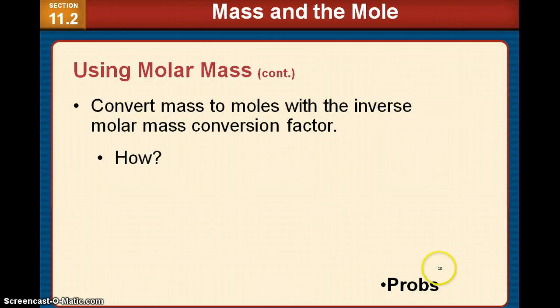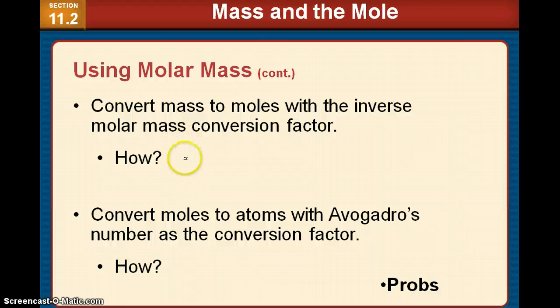So how would I then convert mass to moles with an inverse molar mass? If I'm going to go from mass to moles, now I can use the inverse. How would I do that? Well, the inverse is just going to flip. Okay, so we would just flip that around. If I start with grams, and I want to end up with moles, my factor that I'm going to multiply by, what goes on the bottom?